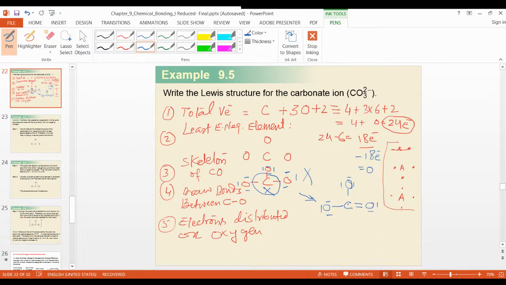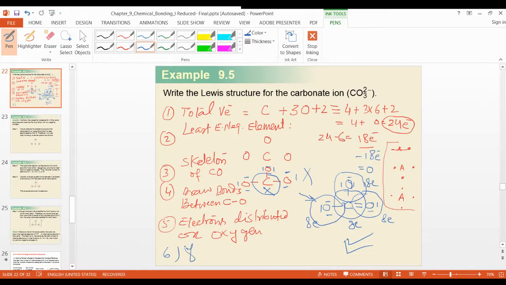So now the carbon octet is complete, right? The octet is complete. And this oxygen also octet is complete, 8 electrons. This oxygen octet is complete, 8 electrons. And this oxygen octet is complete, 8 electrons. Now this is perfect. In this way, you have to draw the Lewis structure.